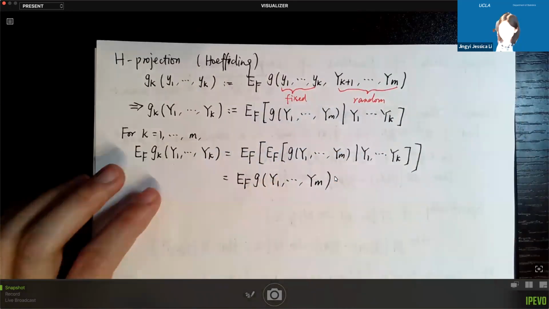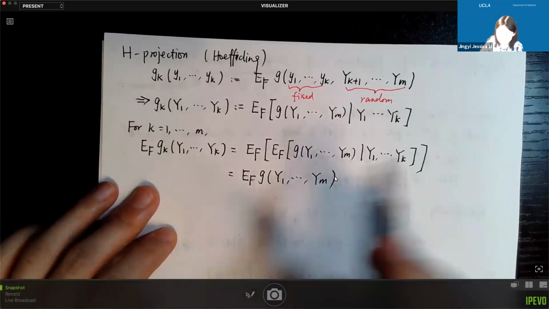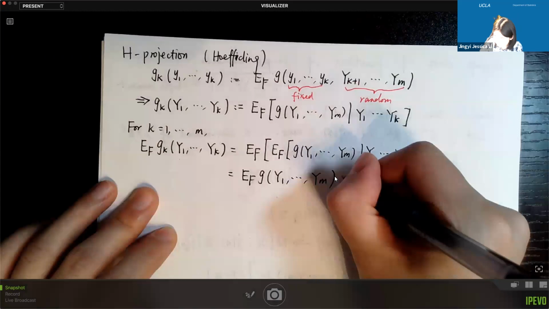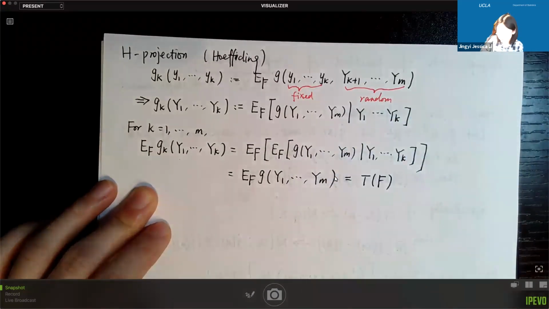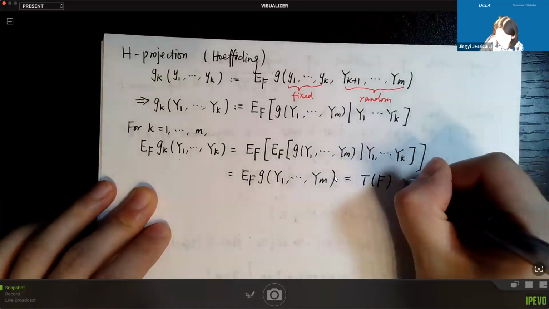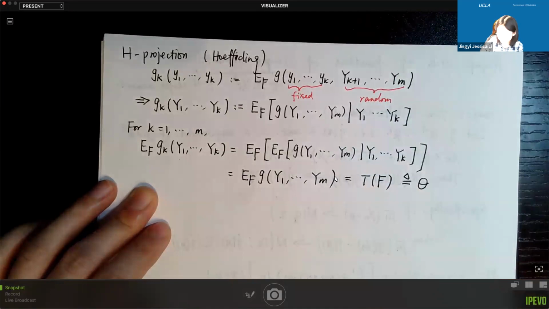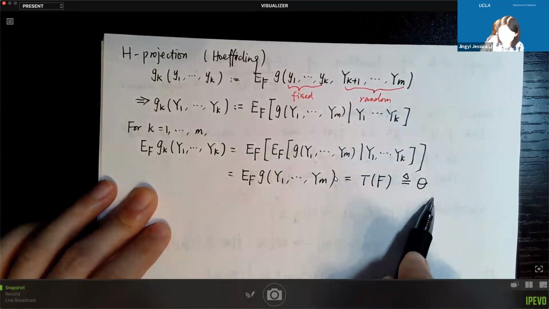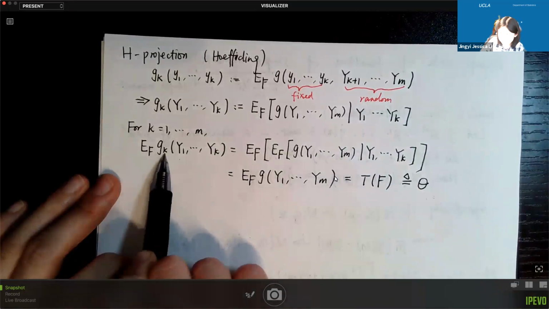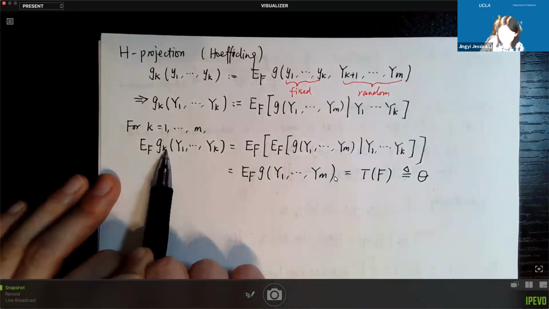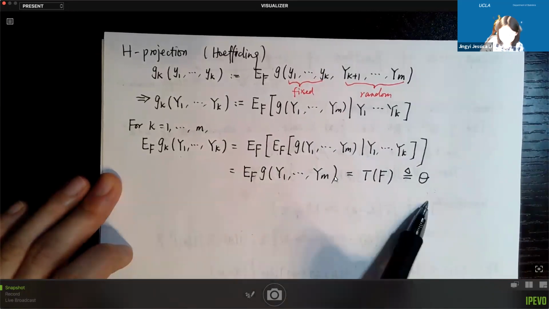This is still the expectation I'm interested in, how we define the expectation functional. That's our interest, and let's just call it theta. So in other words, all the g_k functions, by restricting just to y1 to yk, keep the expectation the same.